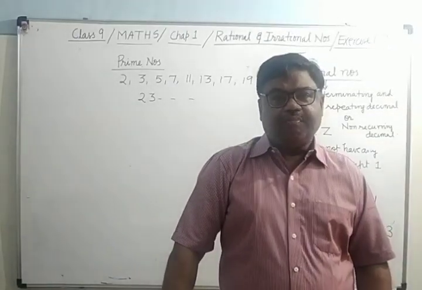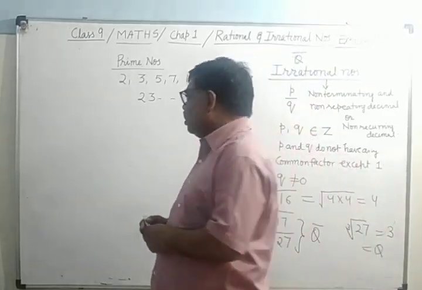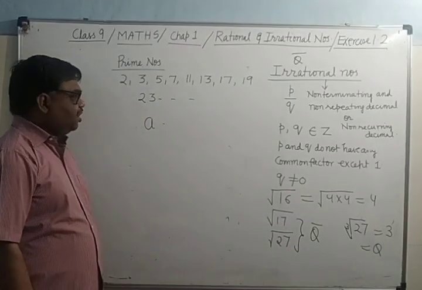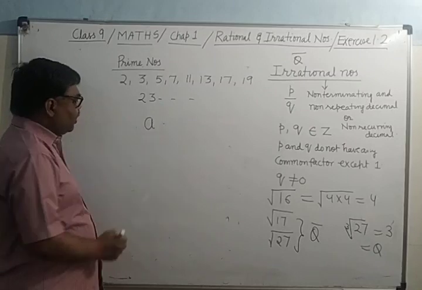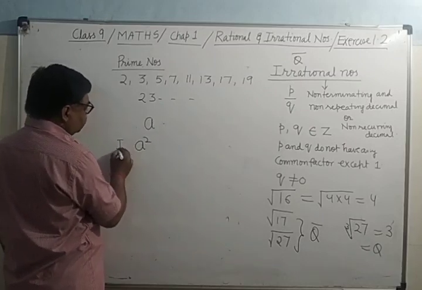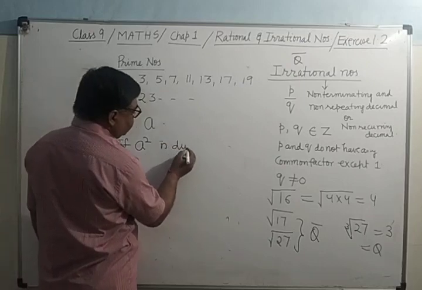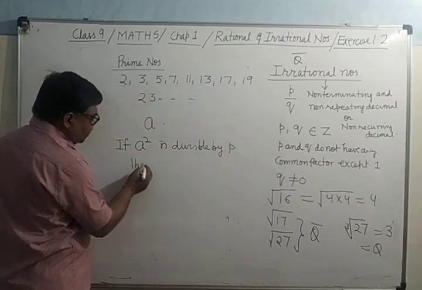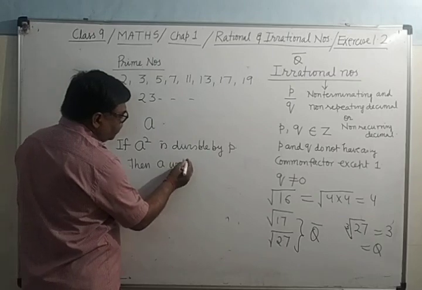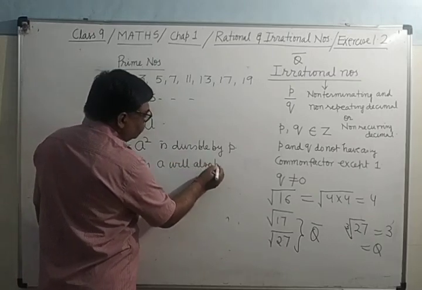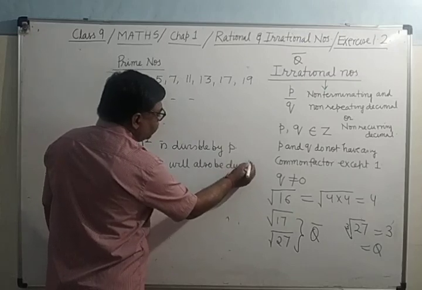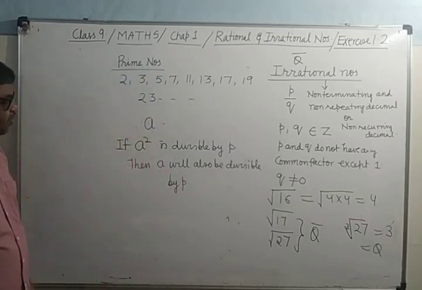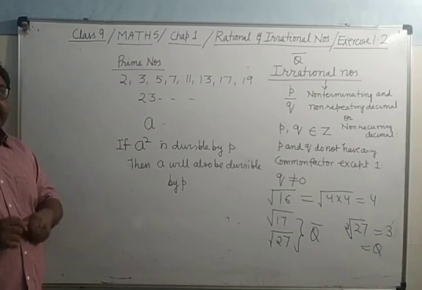If a is a natural number and p is a prime number, now if a square is divisible by p, then a will also be divisible by p.